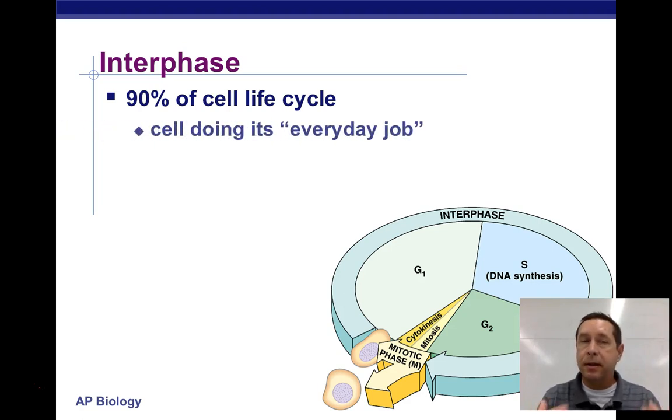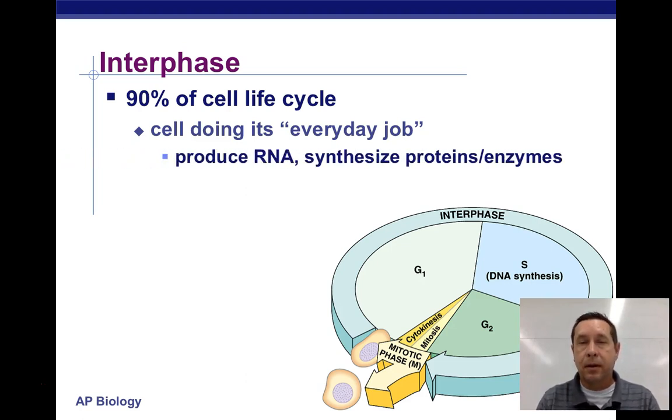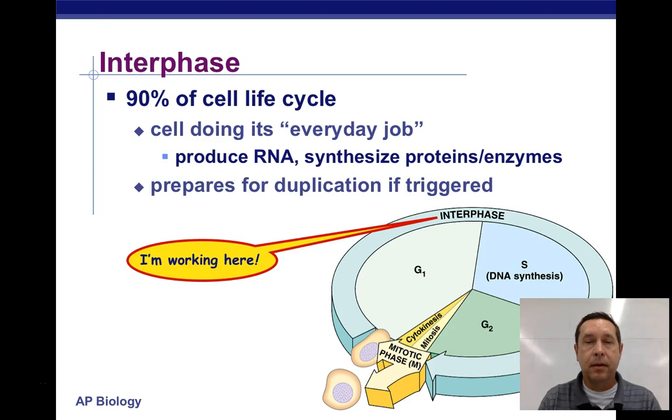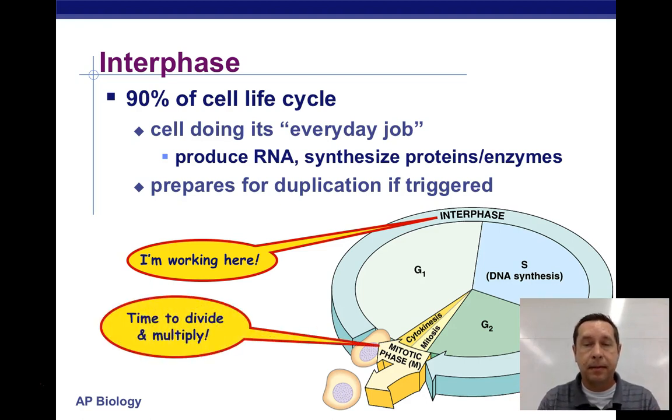So this is basically the cell's doing whatever that cell is supposed to do. It's making RNA, it's making proteins, enzymes, doing those things that the cell is supposed to do. It's also the time when it's getting ready to divide if division is called for. And that's mitosis and cytokinesis.